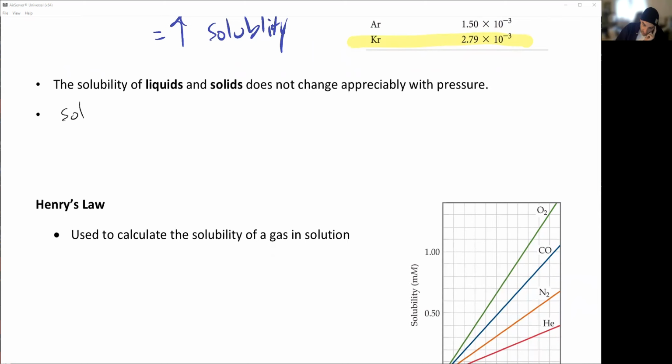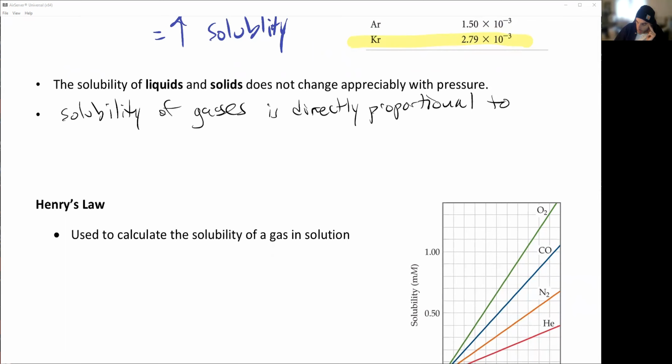So solubility of gases is directly proportional to pressure. So if I increase the molar mass, I increase the solubility because we're improving the intermolecular forces. If I increase the pressure, I'm going to increase the solubility. So increasing pressure increases solubility.